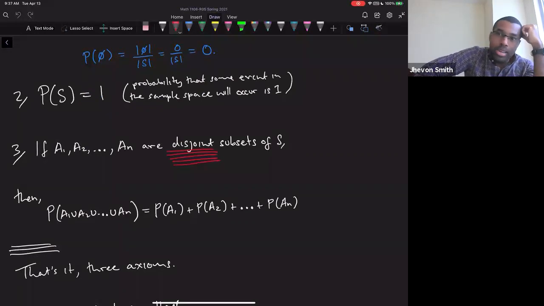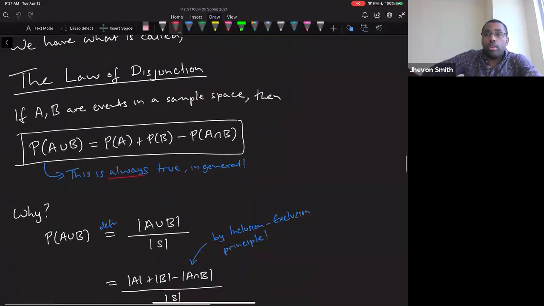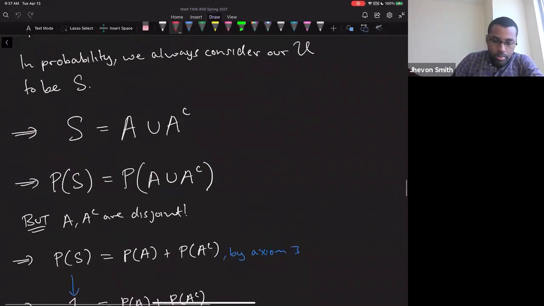This only applies to disjoint sets. When you get a little more general, to just 2 sets, the formula changes. The probability of the union is the sum of the probabilities minus the intersection. If you had 3 sets, the formula gets longer. It follows the inclusion-exclusion principle.